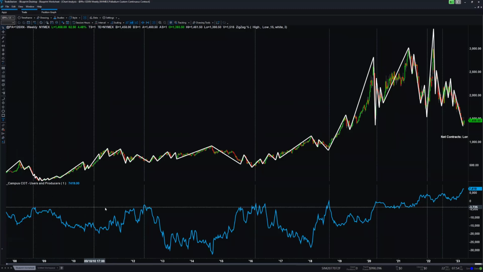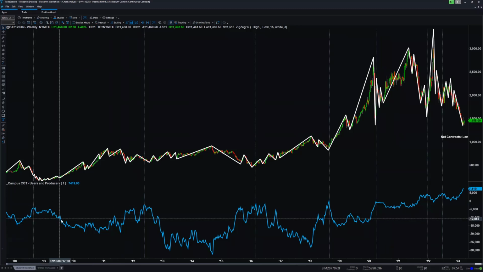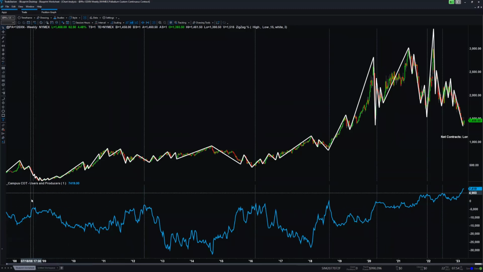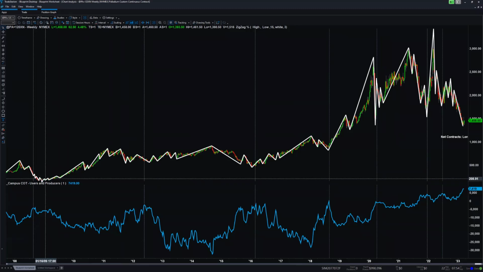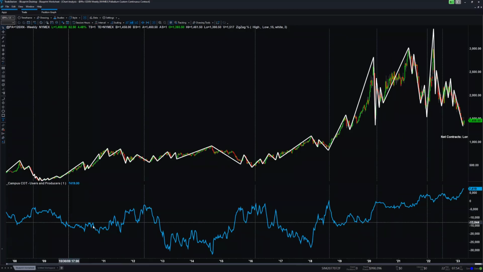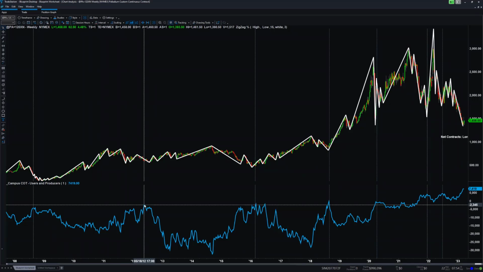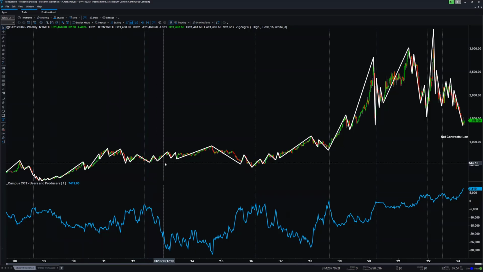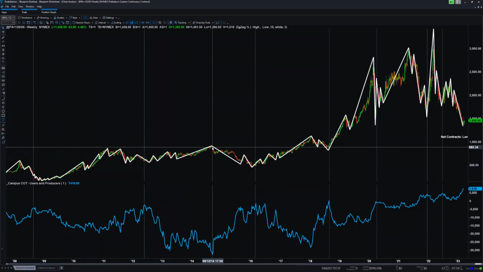Then again, the commercials went to the same anchor point, right? This is the anchor point at this time. And then again, we could say, well, this is pretty high in terms of their accumulation. Then they get up there again. And then what we know is, if they're up there again, very likely this will lead to a multi-year bull market, and that leads to a multi-week, multi-month bull market.